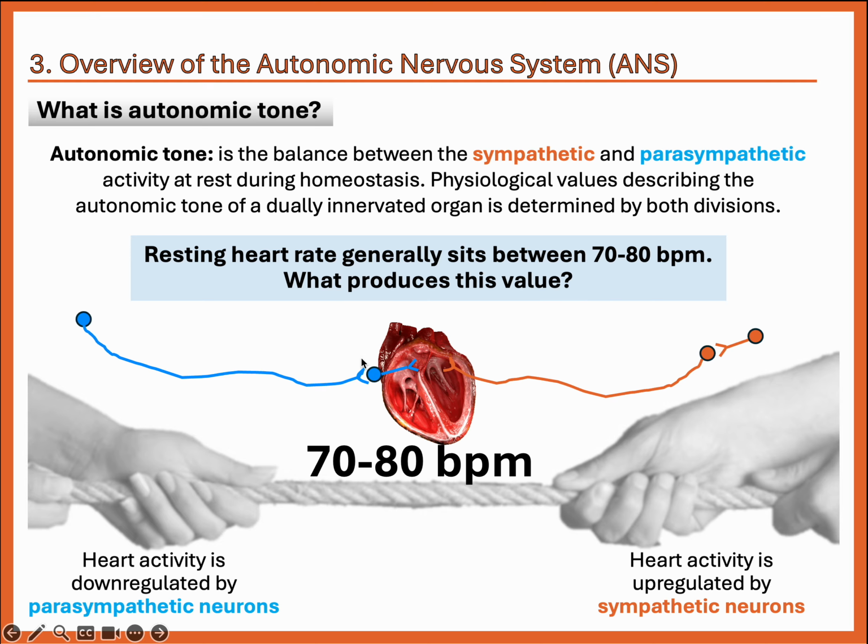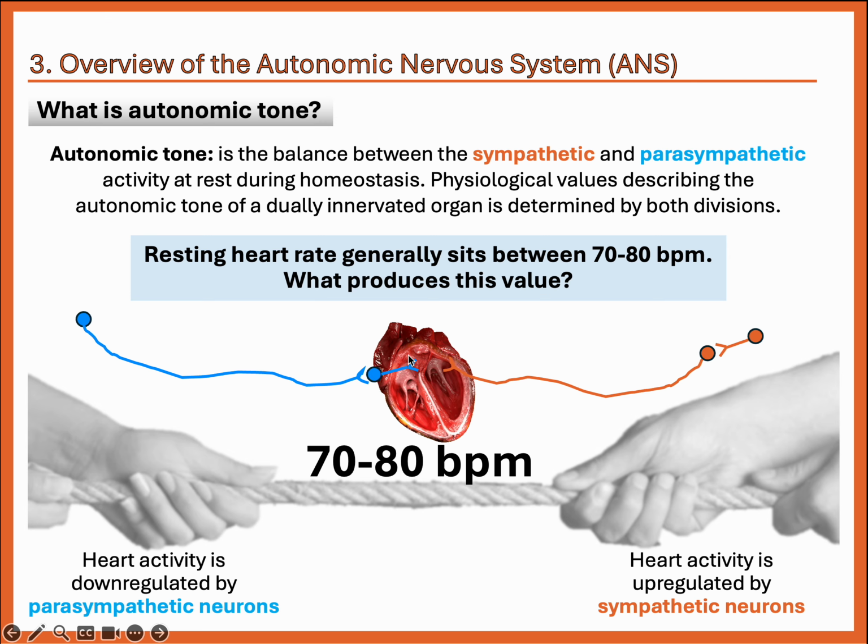And both of these are firing neurons constantly. Both of these are firing neurotransmitter onto this heart constantly and telling it to go fast, slow down. It's really like mixed messages that these organs get, right? But this heart, in the end, when you're at rest, the signals from both of these end up having you at 70 to 80 beats per minute, depending on the person. So this is called the autonomic tone.